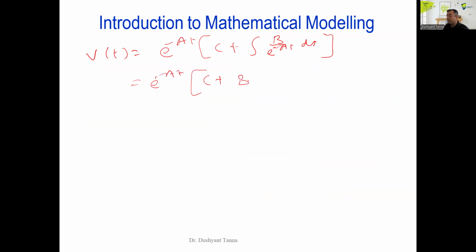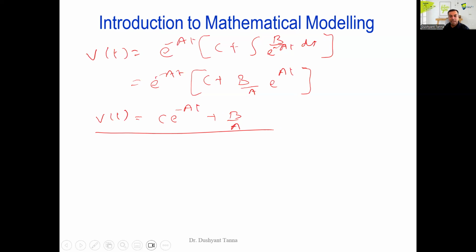B can stay outside. Its integration is 1 over A, e raised to A t. We multiply inside, so C e raised to minus A t plus B over A, because e raised to minus A t and plus A t cancel out. So this is our v of t.